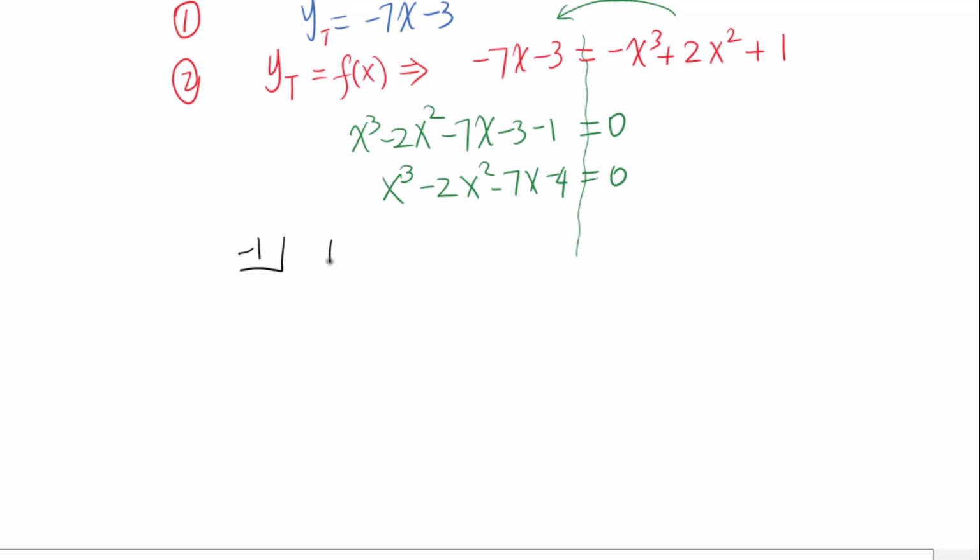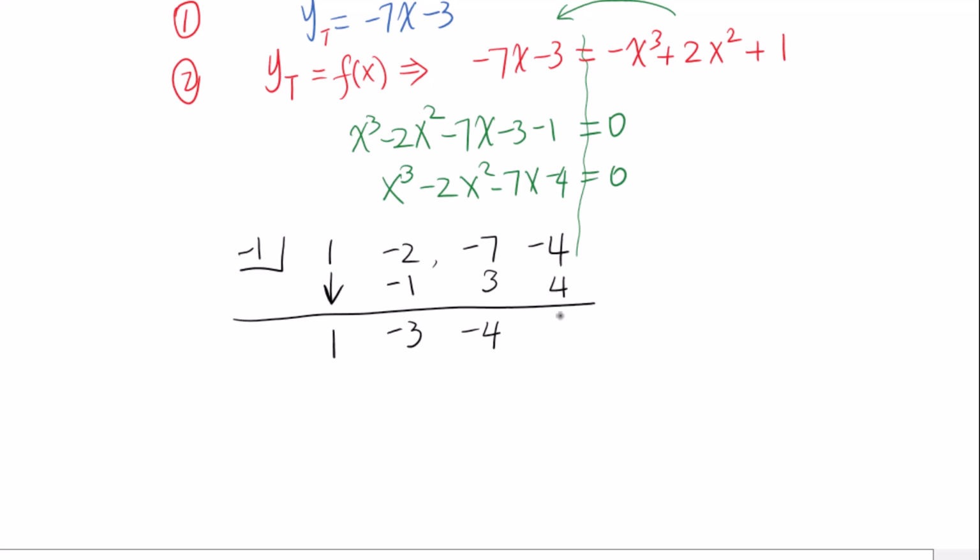-1. Coefficients 1, -2, -7, -4. Drop down 1, multiply. -1 times 1 is -1, adding, -3. -1 times -3 is +3, adding, -4. -1 times -4, +4, adding, 0. This is x to the third power. Here is x squared, x.